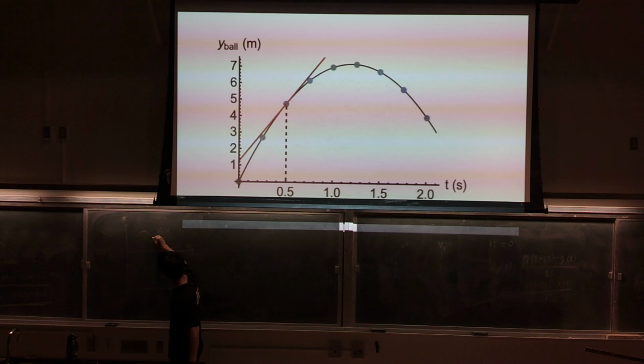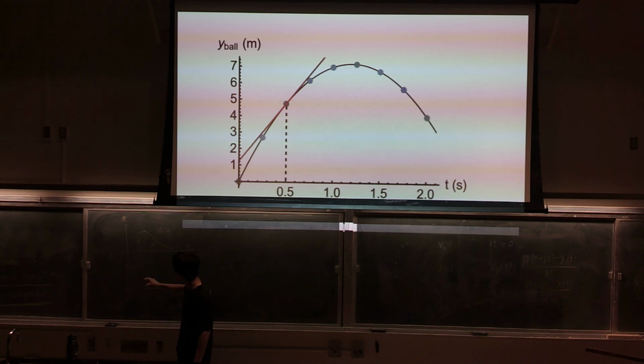Now, let's say the entire graph looks something like this. What I know is that at this part, the x position is increasing. To increase x position, you need a positive Vx, right? And at this part, the x position is decreasing. To do that, you need a negative Vx.